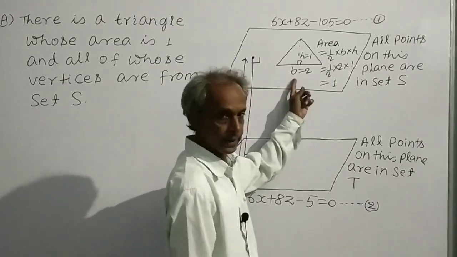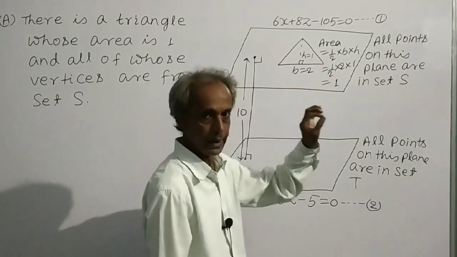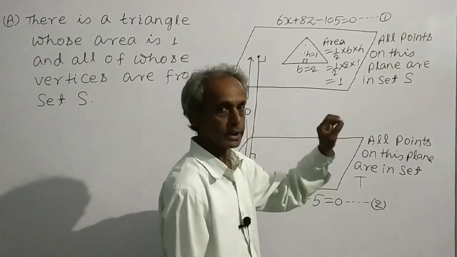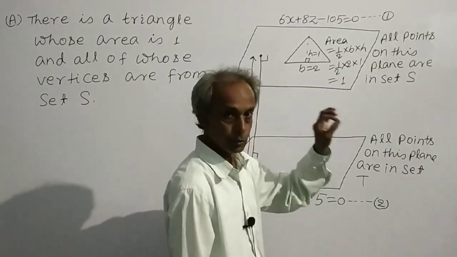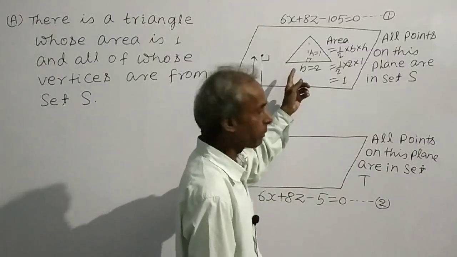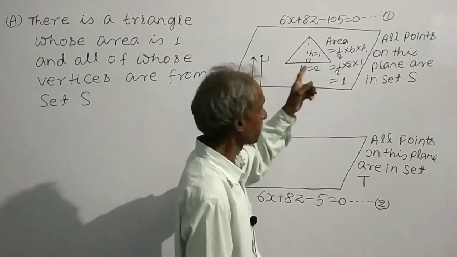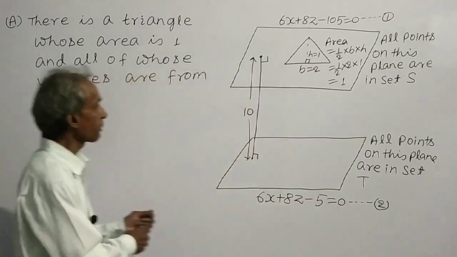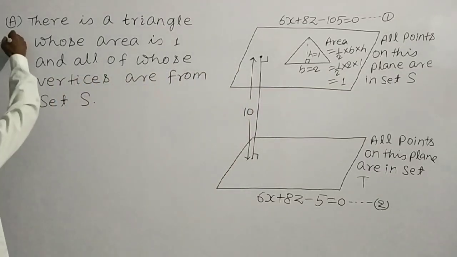In this plane, we can draw a triangle whose area is 1 square unit. An infinite number of such triangles can be drawn in this plane. Therefore, this option is correct.